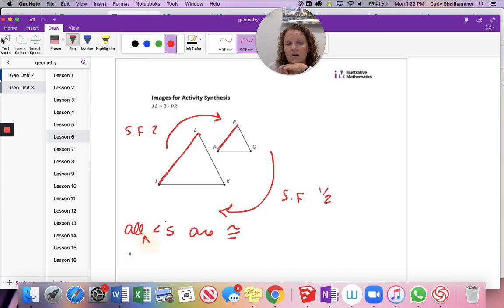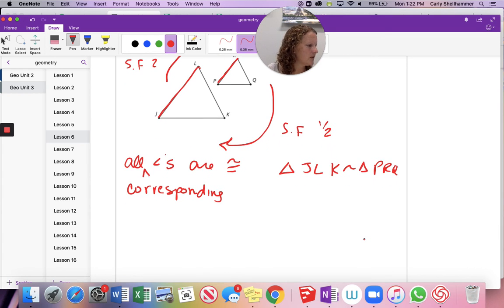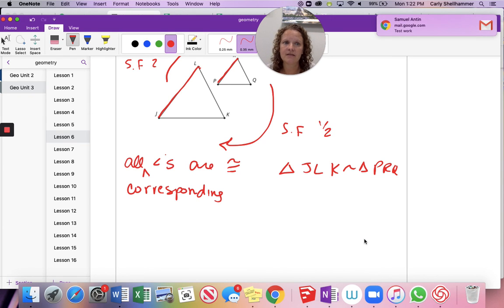Let's say all corresponding angles are congruent. So I can say here that triangle JLK is similar to triangle PRQ. I think that's it. It doesn't matter which way you say it.